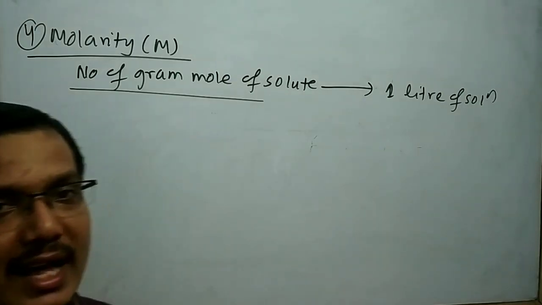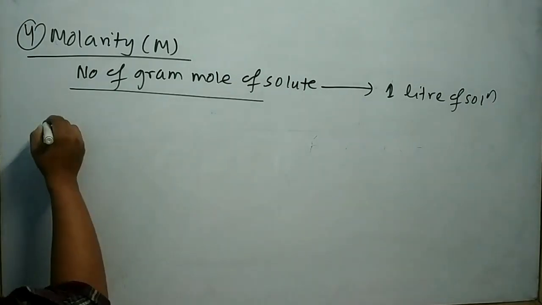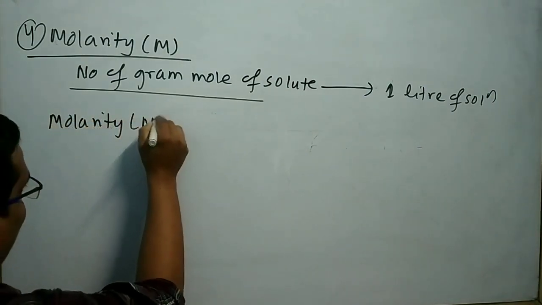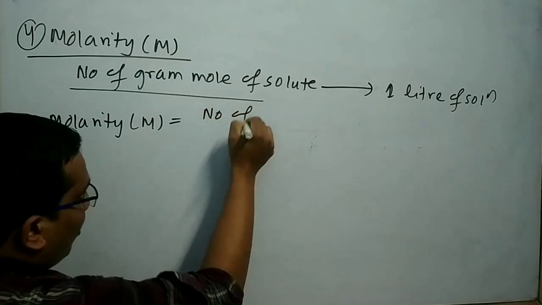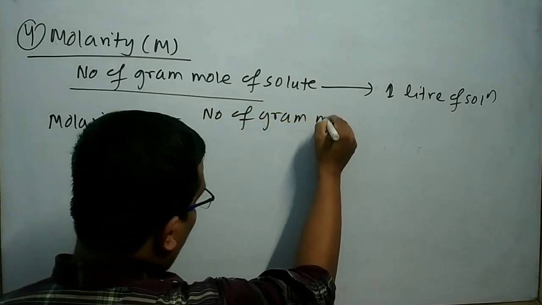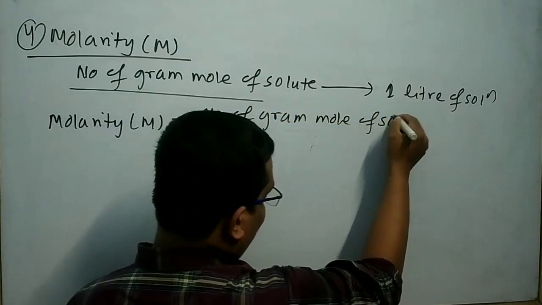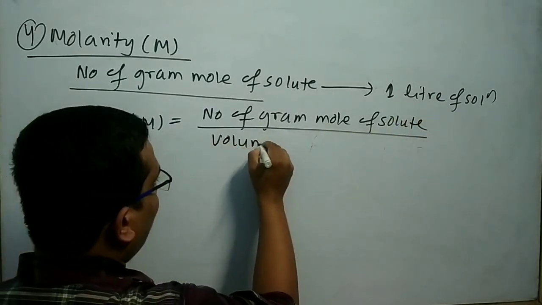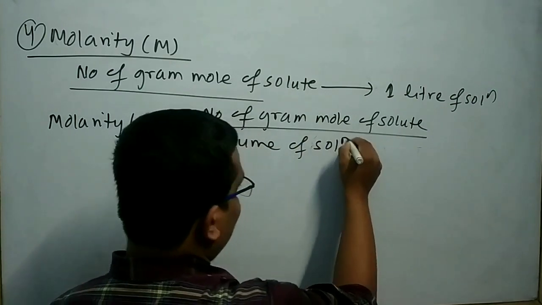That is called the molarity of the solution. Mathematically, I can write molarity M equal to number of gram mole of solute divided by volume of solution in liter.